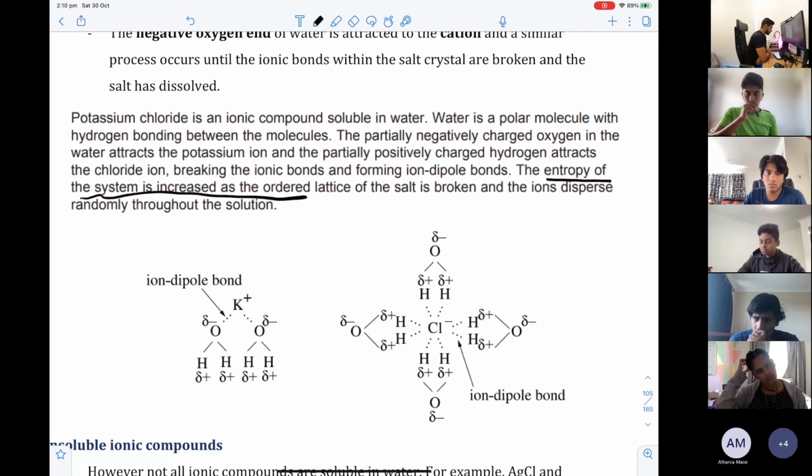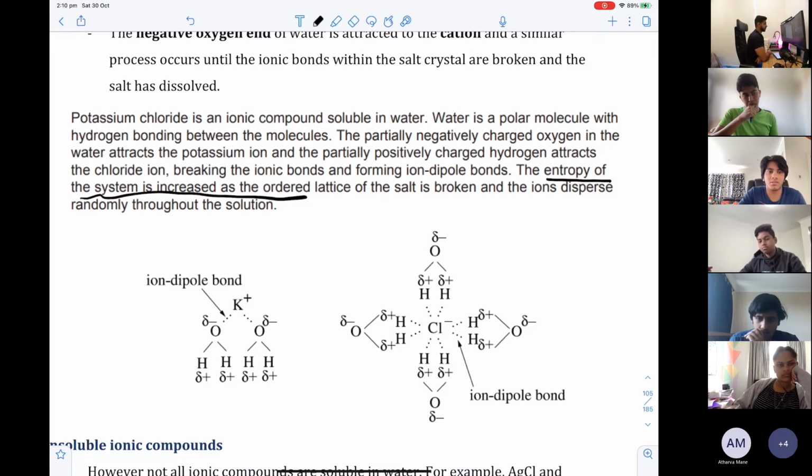Yeah. Okay. Does everyone agree? Any other ideas? Mithilesh, what do you think? I think since the electrostatic attraction is greater, you have to put in more energy to break it. And then when you form the ion dipole attraction, that gives off less energy. So I think it'll be endothermic.